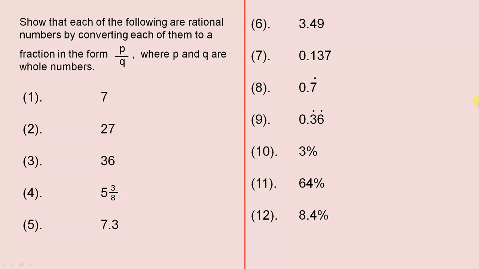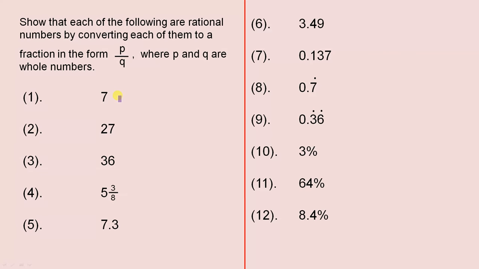In summary, the lesson tells us that a number is a rational number if it can be expressed in the form P over Q, which is a fraction, where P and Q are whole numbers. So if you're given any number and you can represent it in the form P over Q, where P and Q are whole numbers, then that number is a rational number.